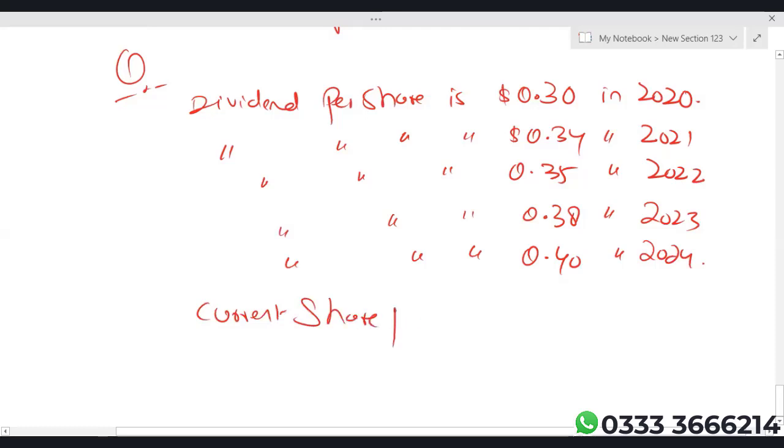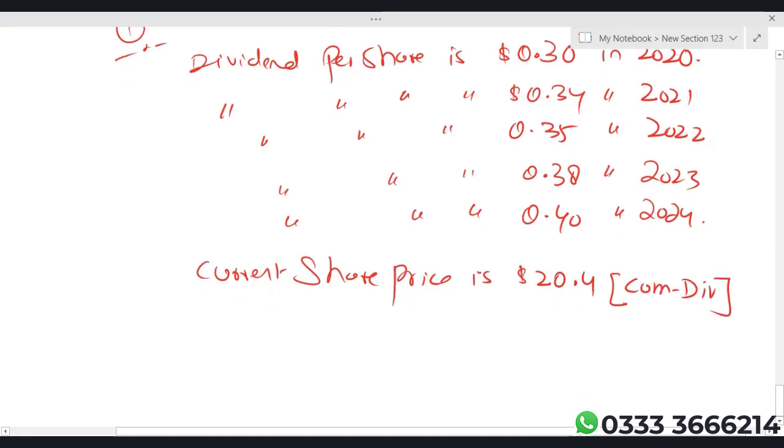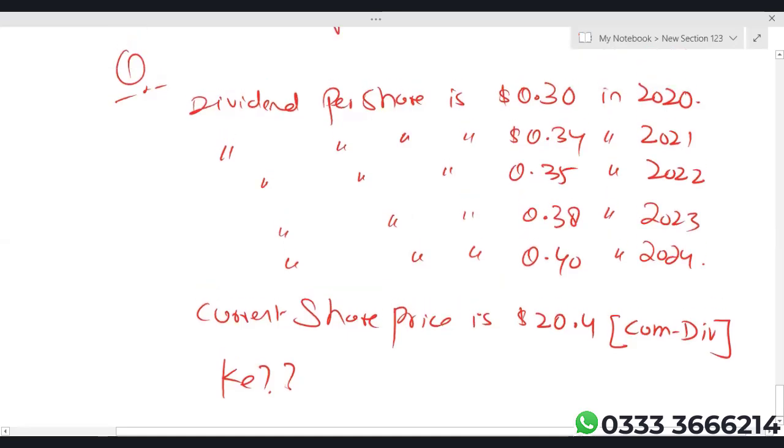Current share price is 20.4, cum div. Required is K. Students, quickly answer, whatever you think is the correct answer. Dividend per share, they have given us 0.30, 0.34, 35, 38, and 40. Current share price always represents the last year.